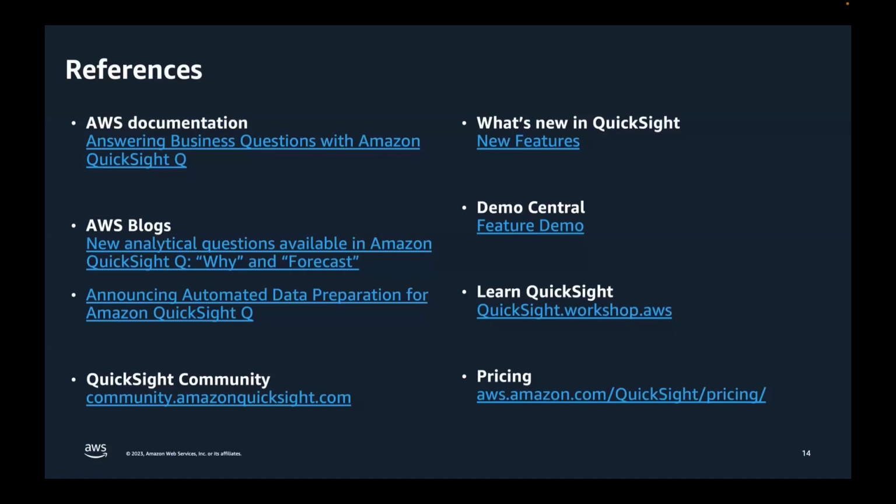We also have many blogs available on this topic, so I would highly encourage you to go through the QuickSight community to learn more about advanced calculations. I have also left a link here for the Demo Central, which is a great place to learn about new dashboards, see how something has been done, and learn new tips and tricks.